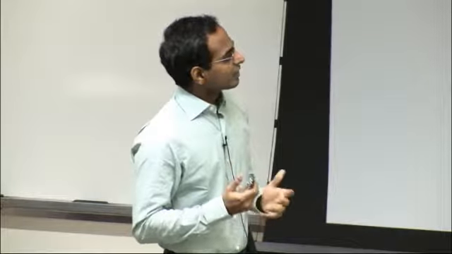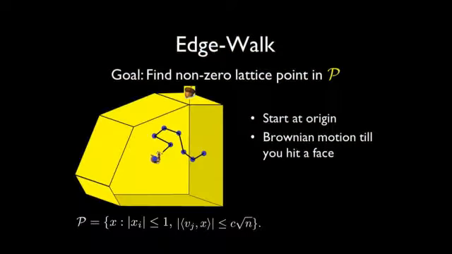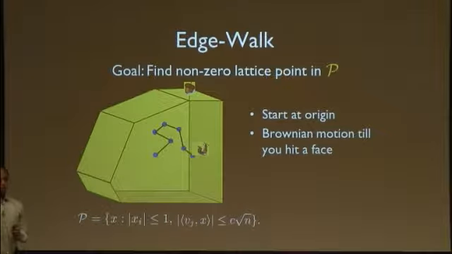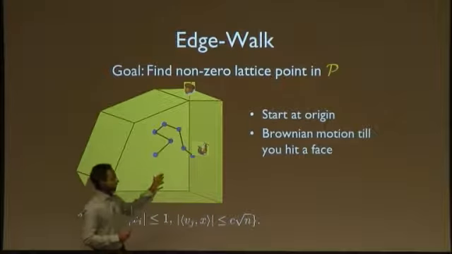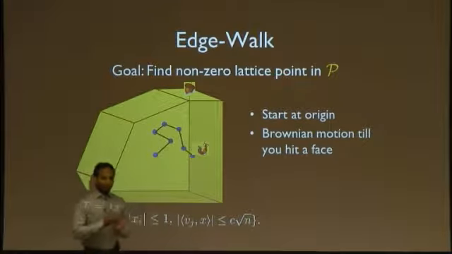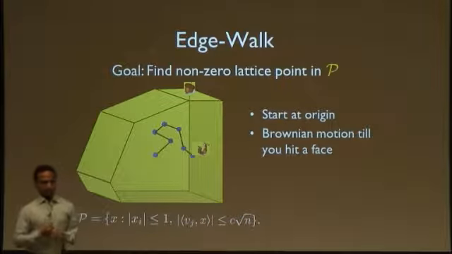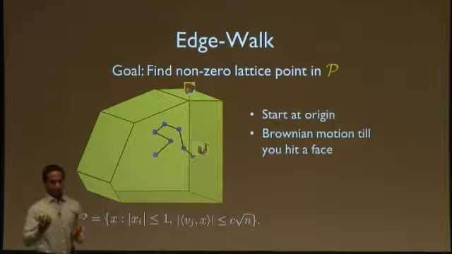And the way we do this is to use Brownian motion. So we do a random walk in n dimensions until you hit the boundary of the polytope. And once you hit the boundary of the polytope, we need to decide what to do. We still want to keep moving away from the origin because we want to increase the distance from the origin. On the other hand, we don't want to cross the polytope.